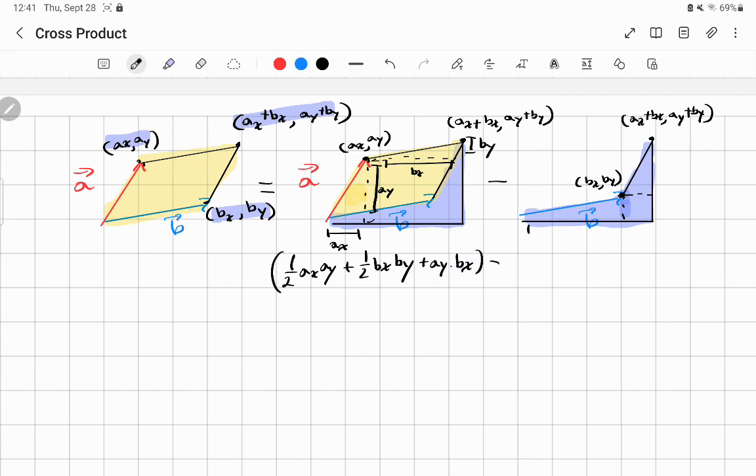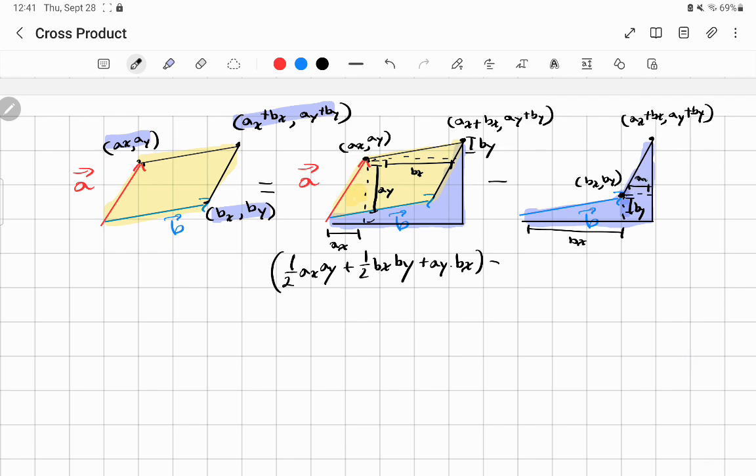Now, we go here, we have this rectangle and these two triangles. Let's do the same thing all over again. Figure out what's the area of this triangle. Well, we know this length is BX. We know from the point that this is going to be BX. It's going to be BY. And similarly, we just go plus AX and plus AY up here.